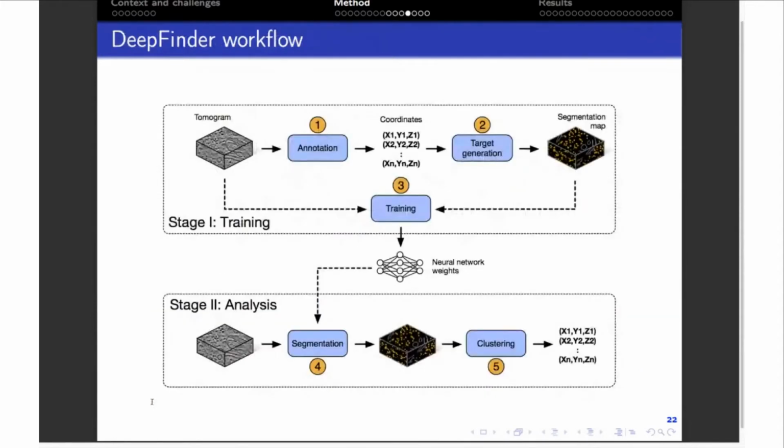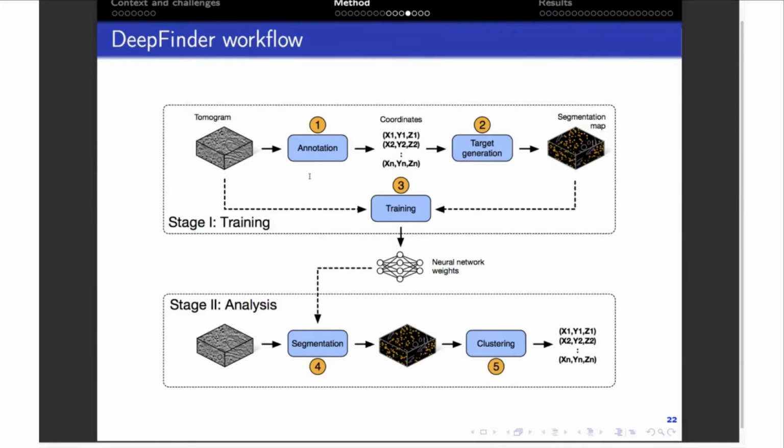So let's now describe the workflow of DeepFinder. So we have two stages, the training stage and the analysis stage. And in each one of the main steps of the workflow, represented here by the blue boxes, the user is assisted by a graphical user interface.